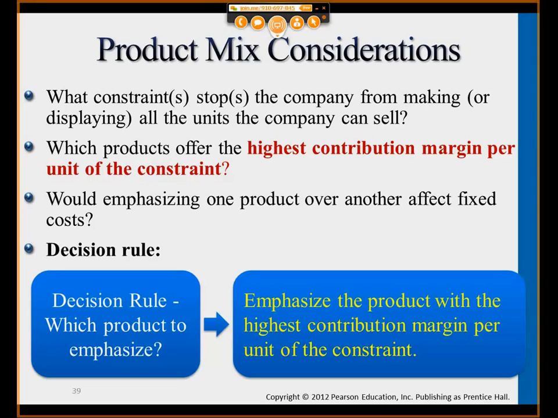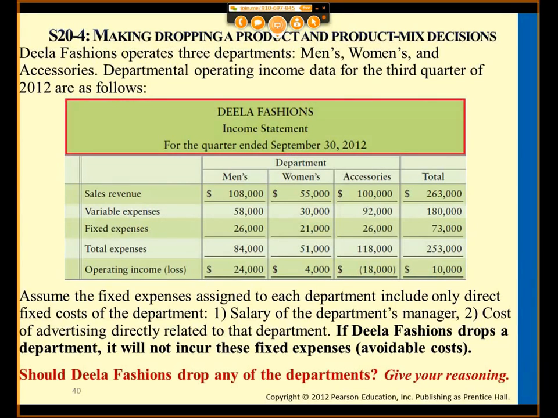So we have to learn how to calculate the contribution margin per unit of the constraint before we figure out which product we're going to emphasize. So let's try an exercise.